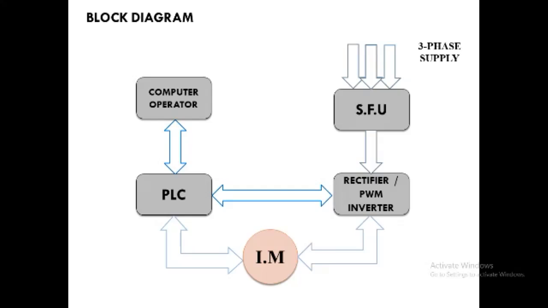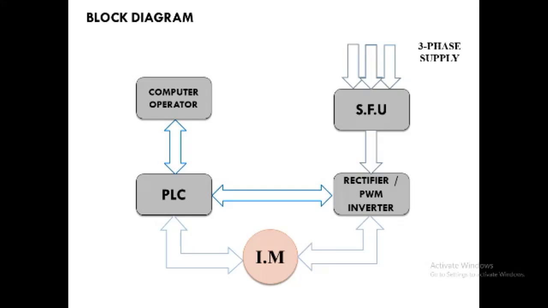But the motor is AC, and that's why again we have to convert the DC supply into AC for this induction motor, and hence we are using a simple PWM, that is pulse width modulation, inverter here. Means a combined rectifier cum PWM inverter can be used to run this motor, and from this rectifier circuit a PLC can also be communicated bidirectionally.